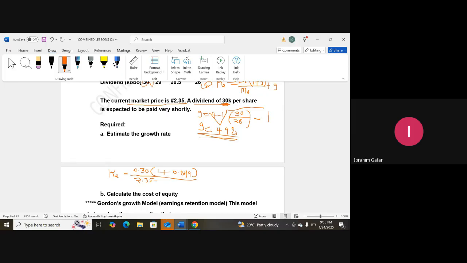Then we remove that dividend, which is 0.3, because they said it has not been paid. So we have to convert it back to XDIV. Then plus the growth rate, which is 0.049. So what's my cost of equity? If you punch your calculator very well, what's going to be my cost of equity?